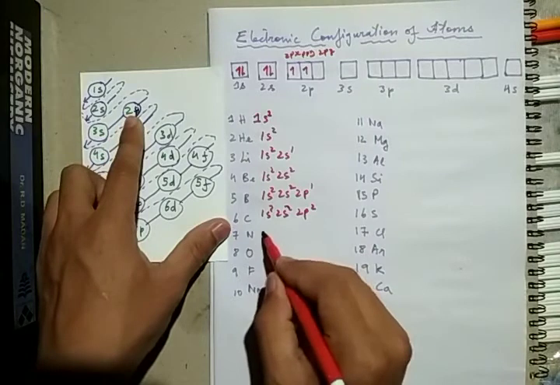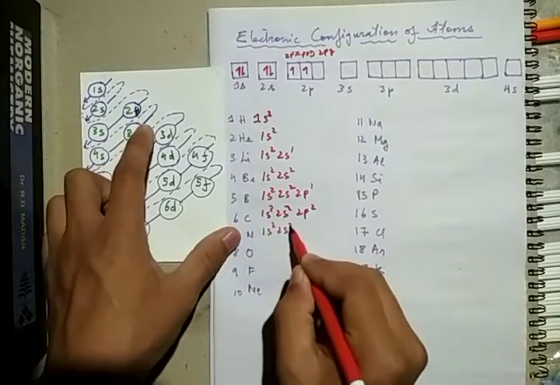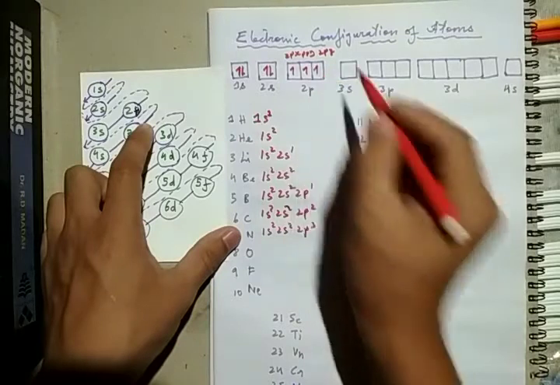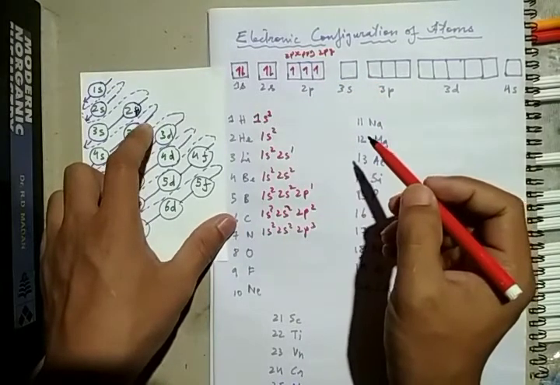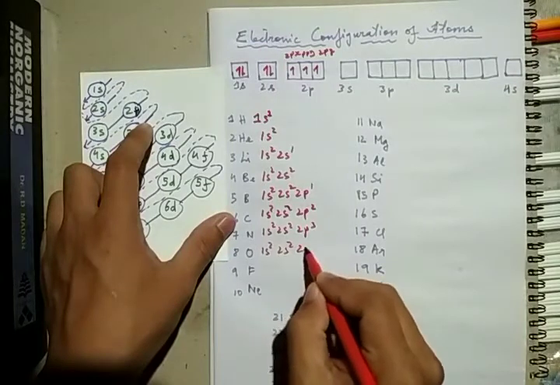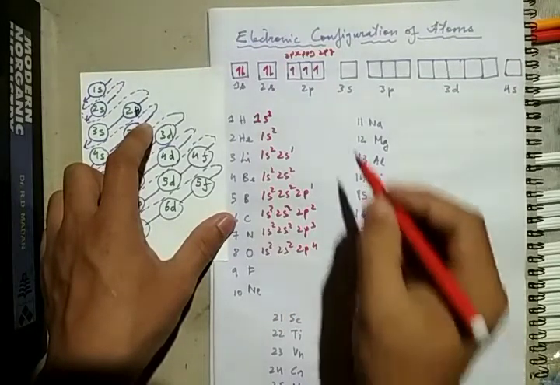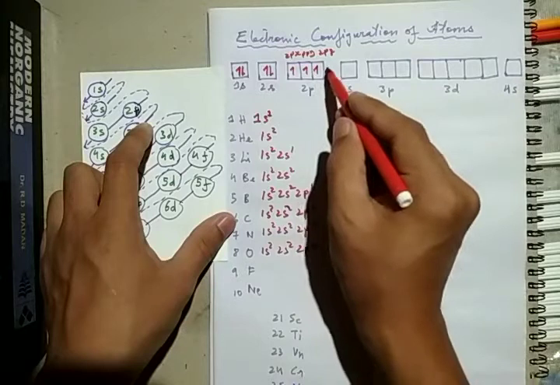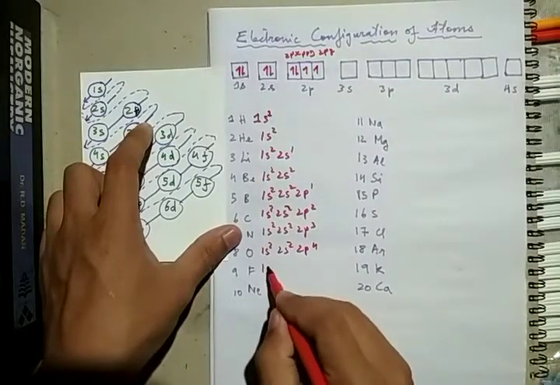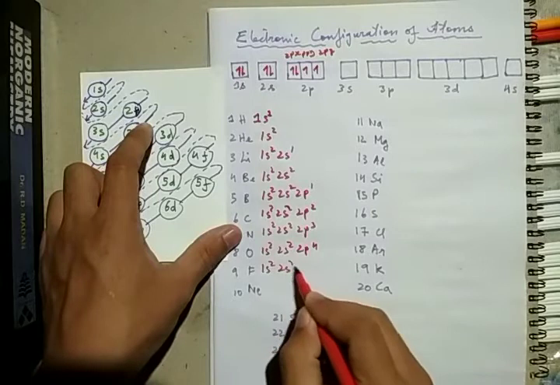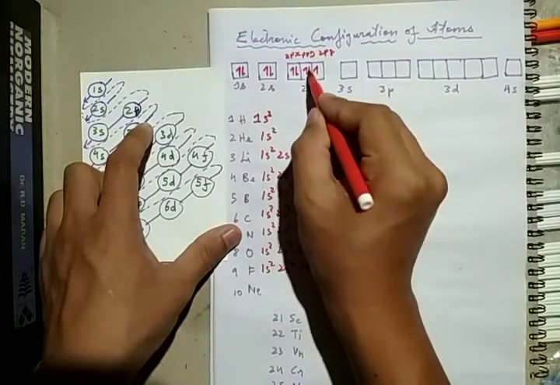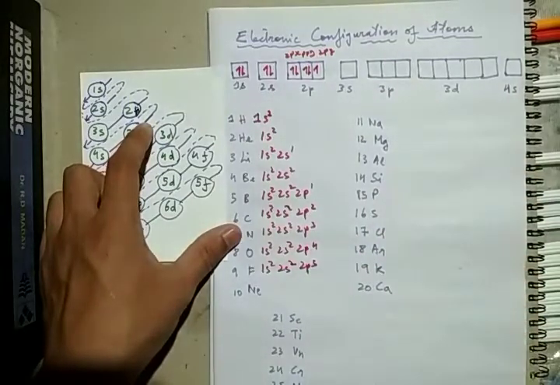Now for nitrogen, 1s2, 2s2, 2p3, singly filled. Then 1s2, 2s2, 2p4, so after singly filling, the next electron will be here. Then 1s2, 2s2, 2p5, the next electron will be here, and the pairing will take place.